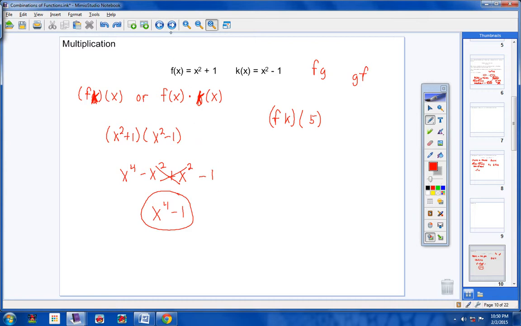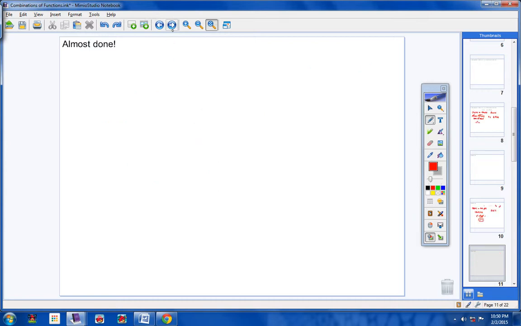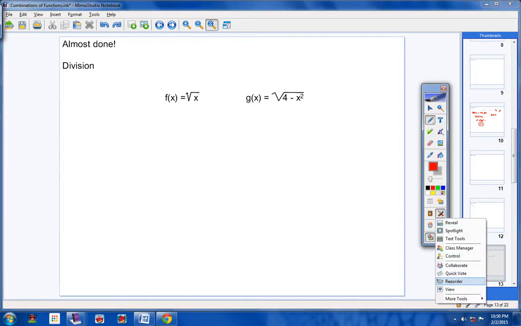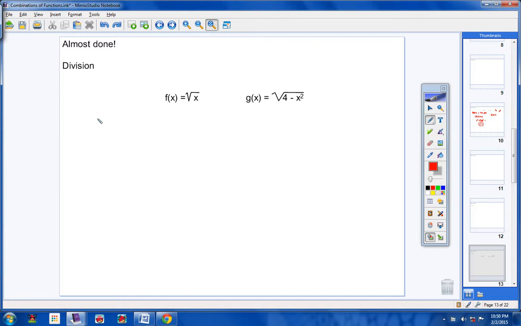Now, let's move on and take a look at division. Alright, almost done. Division. Okay, here's the two functions I would like you to work with. So let's go ahead and copy these two functions down, and let's divide these. f of x divided by g of x.